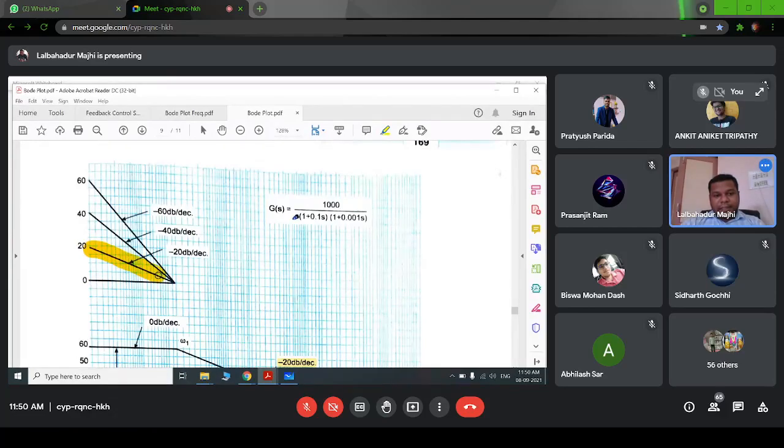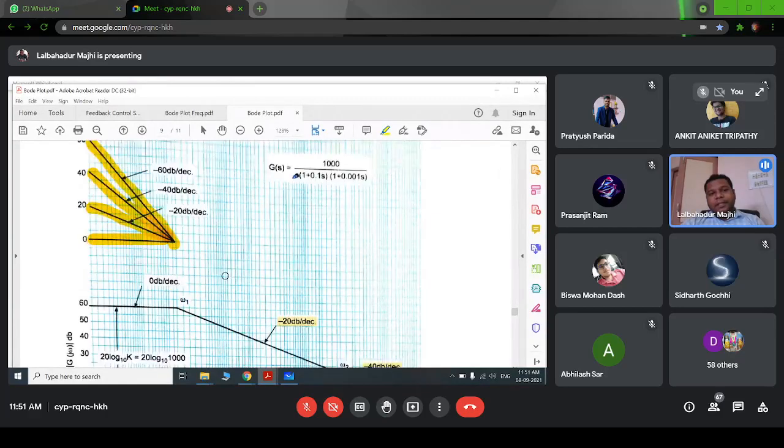From positive 20 dB it goes to 0 dB, so we have a slope of minus 20 dB per decade. Similarly, from 40 it goes to 0 dB, so it is minus 40 dB per decade. Similarly for 60 dB. So we can draw these straight lines in the graph paper.